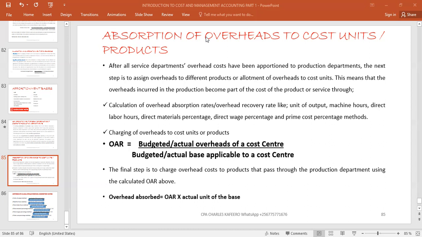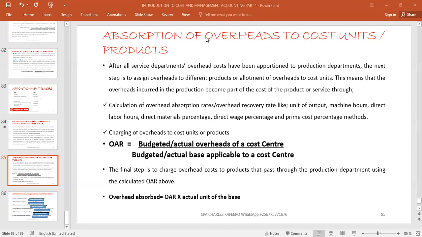One, we calculate the overhead absorption rate. This is the rate that helps us to allocate the costs that we've incurred in the production to the final products. The overhead absorption rate is the same as the overhead recovery rate, because we are recovering what we have put in: the inputs in terms of raw materials, labor, variable overheads, and others we've put in the production process.